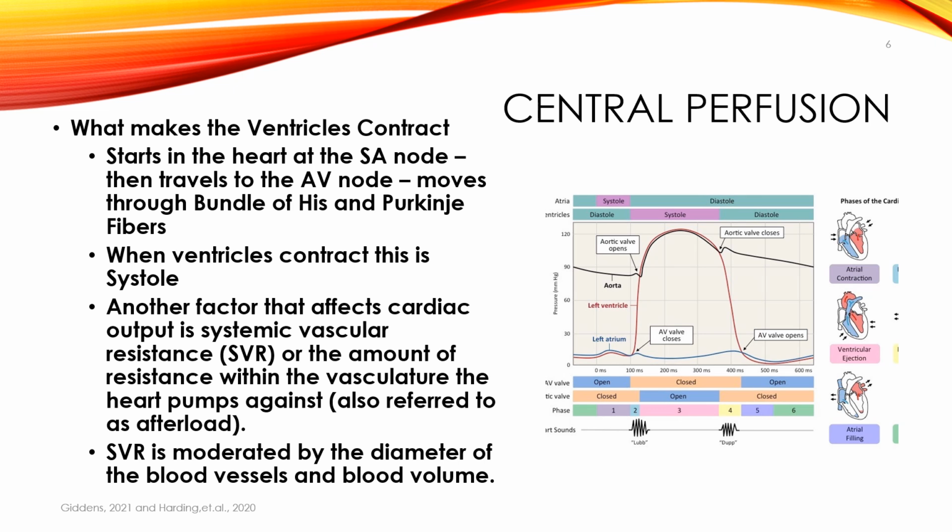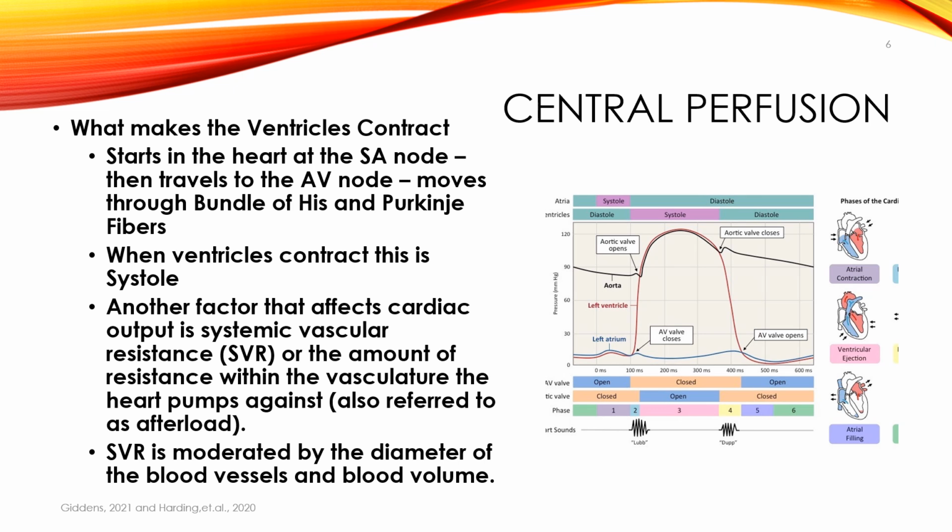Okay. Another factor that can affect cardiac output is systemic vascular resistance. So another one of those fancy $10 medical terms. We usually label that SVR. So SVR is the amount of resistance within the vasculature that the heart pumps against. So think about the diameter of the artery, the lumen, okay?